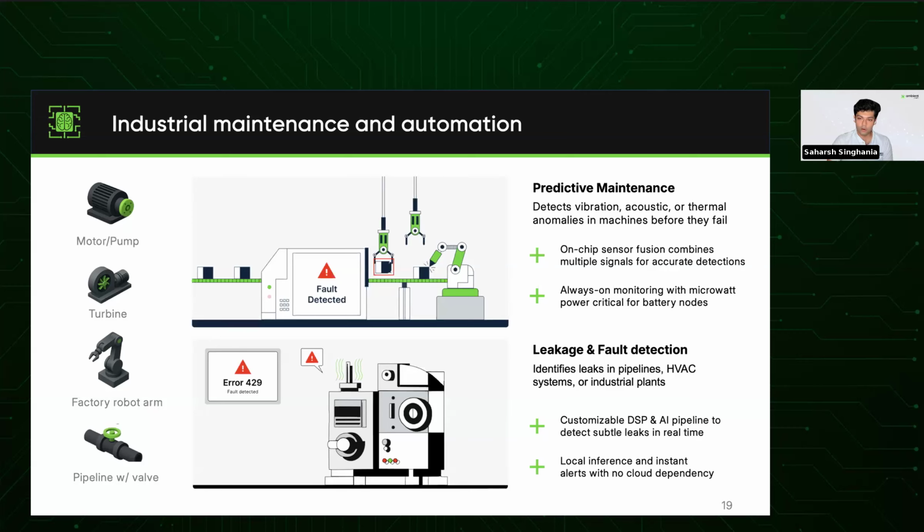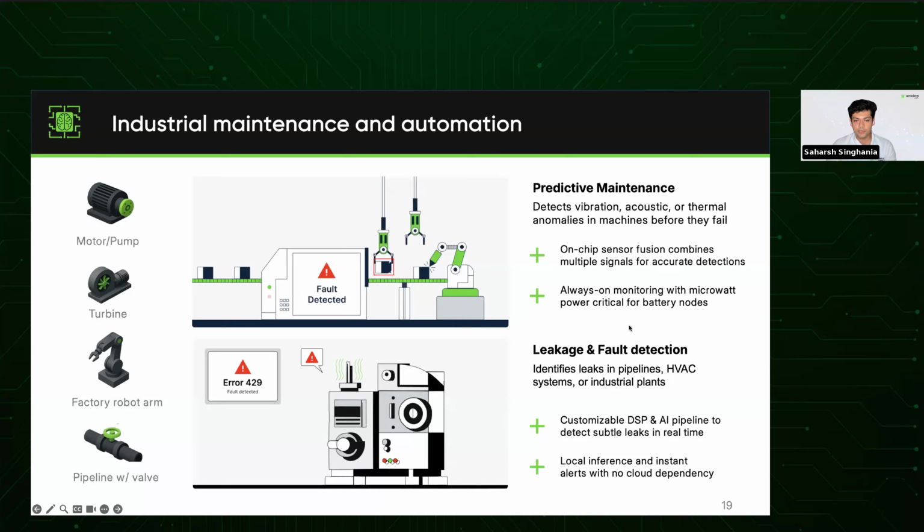So if you can create a small module that sits on top of the machine and can measure the vibration, the sound, the electricity consumption, the power draw, and as soon as it detects any sort of anomaly, it can alert the factory operator that, hey, look at the machine, let's do some quick quality checks before it breaks down. So predictive maintenance can be quite a useful application for Edge AI because instead of sending all the data to the cloud, if we can do the compute and the sensing right on the machine, it can be a lot more real time, a lot more instant, and also saves you a lot of compute infrastructure cost that is associated with setting up the cloud environment.